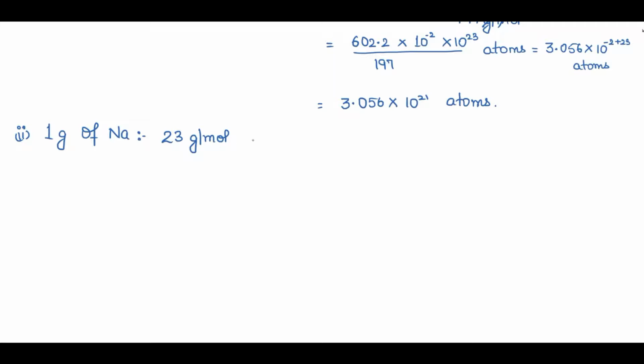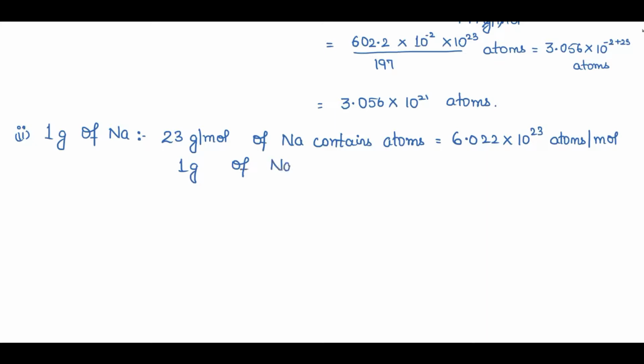So 23 gram per mole of sodium contains atoms equal to 6.022 into 10 raised to power 23 atoms in 1 mole. 1 gram of sodium contains atoms equal to 6.022 into 10 raised to power 23 atoms per mole divided by 23 gram per mole into 1 gram.